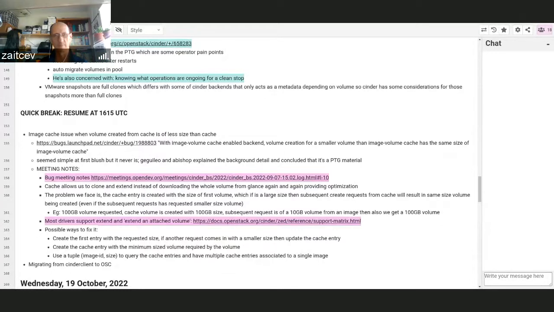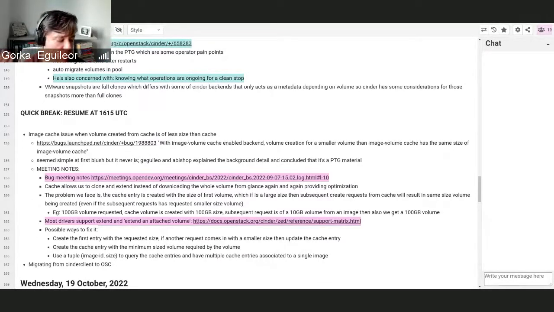How about that? I think Alan's proposal was in line with there could be scenarios where the optimum is Alan's approach. So if you're usually creating volumes of a specific size constantly, then creating it of the right size is the best way, because you don't have to extend.